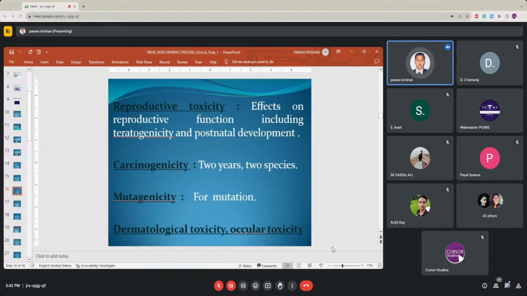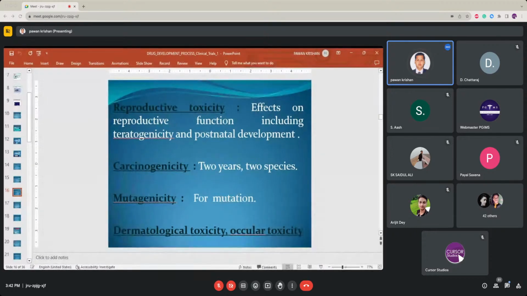So you have to administer the drug for 2 years, and again same way, observe for any carcinogenic effect. You have to monitor it for the carcinogenic effect. That is, is there any carcinogenic potential in the drug, any development of abnormal growth in the body or not?